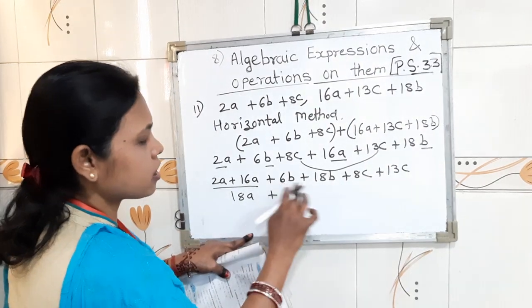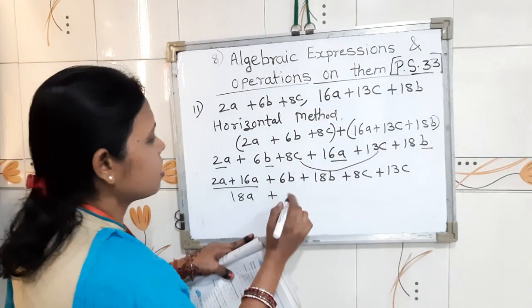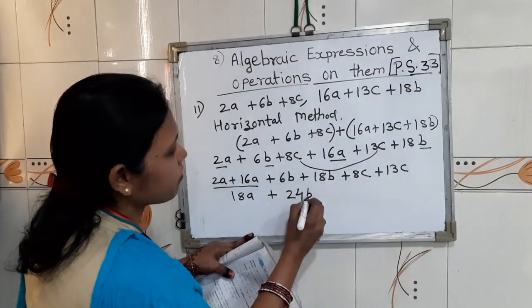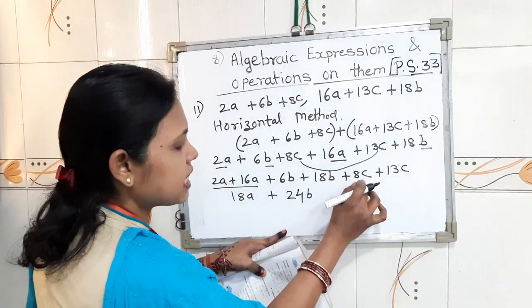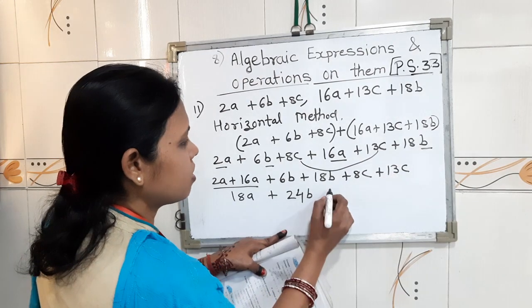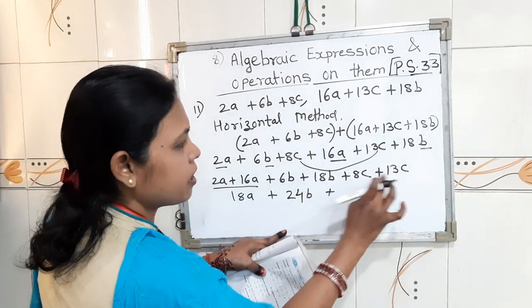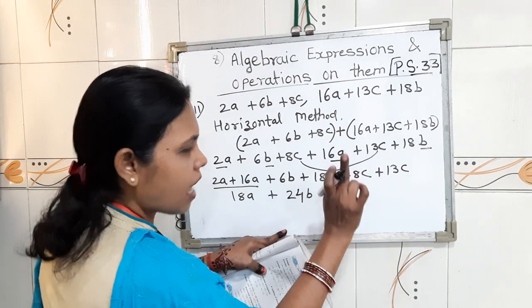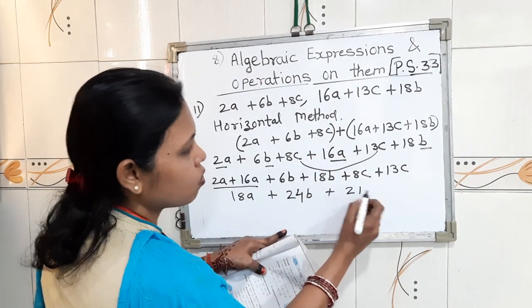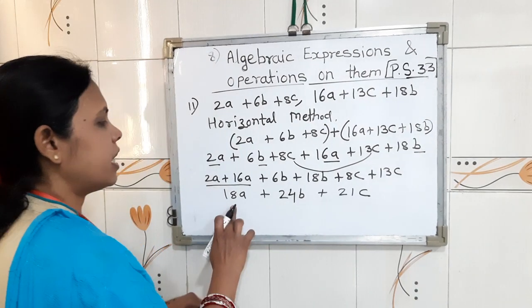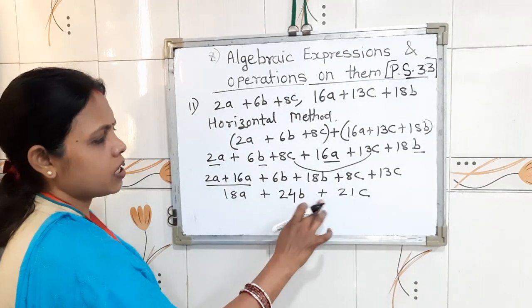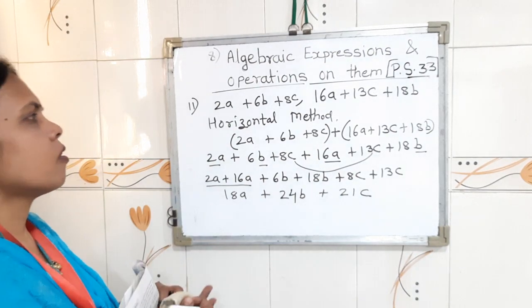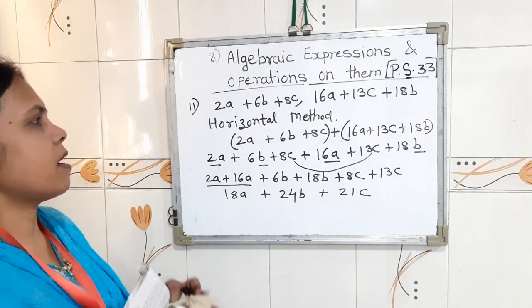Next 6 plus 18, 24b. Next 8 and 13: 3 plus 8 is 11, 1 carry, that is 2, 21c. So 18a, 24b plus 21c.